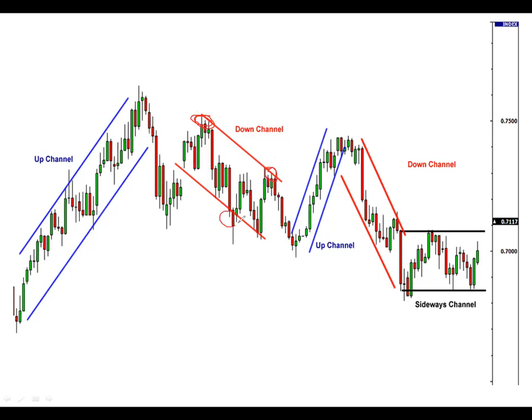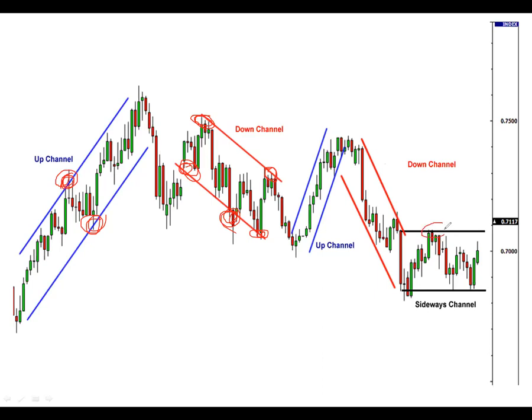Down here, you see a support here, another support level here, and then possibly a support level somewhere here. When we come to the up channel, you will see a support level here, and then you see a resistance level here. Is that okay?